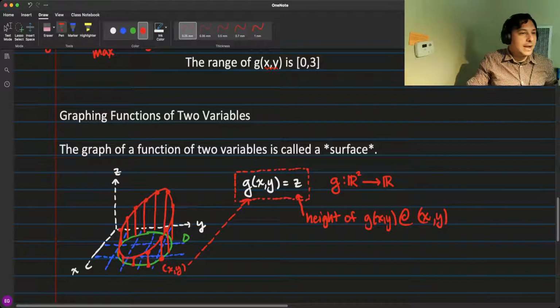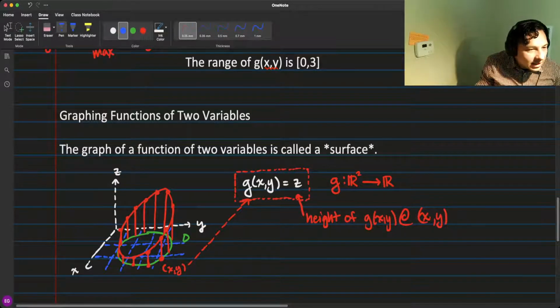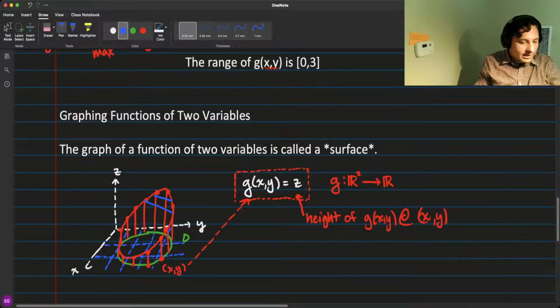Okay, and let's say that we connect all these points. We get a surface. The graph will be a surface, and let's say the surface looks something like this.